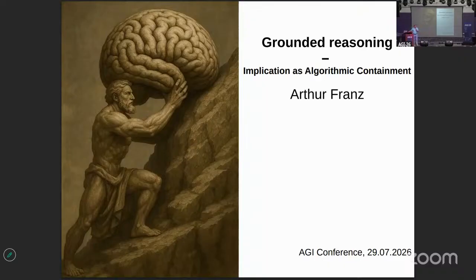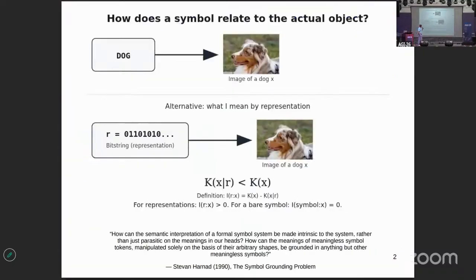And I would like to suggest a third alternative. So apart from the way it's done in neural nets, and also not in the way it's done in symbolic systems. So in symbolic systems, what is a symbol actually? Right? What is a symbol dog? How does it relate to a real dog or the image of a dog?